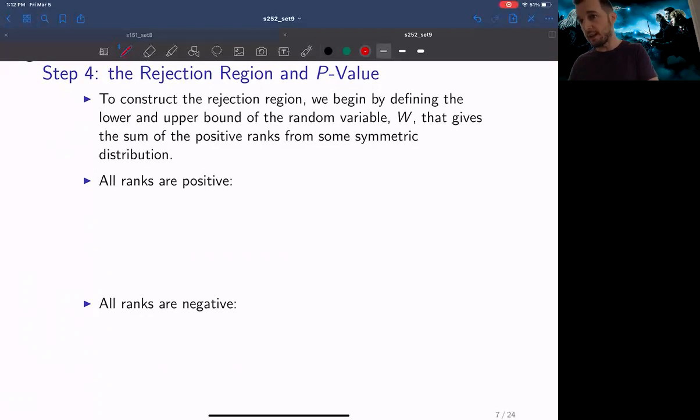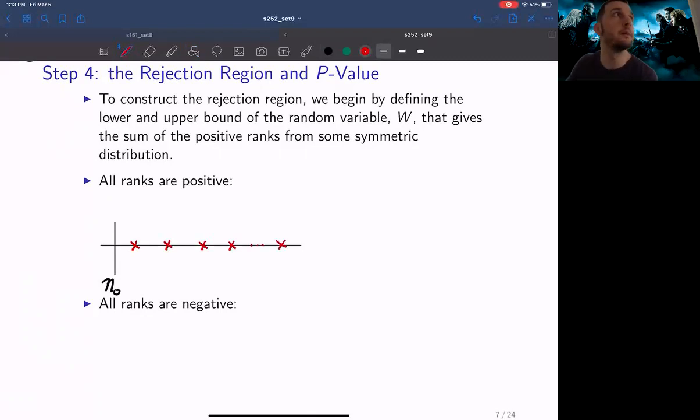When we do a signed-rank test, what distribution do we use to find the critical value or the p-value? Well, let's just consider a couple of things here. So first, we know that if we have a set of entirely positive ranks, so if you consider, for example, something like this, where this horizontal line here is eta 0, imagine that in your data set, every single value was greater than eta 0.